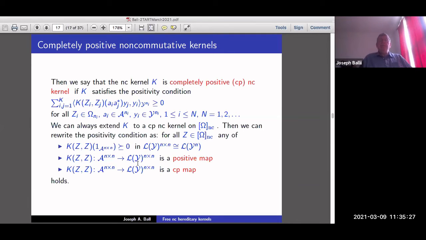So we're interested in what's going to be the positive object in this category, and that'll be completely positive noncommutative kernels. So it's just the next step after BBLS. K is a completely positive noncommutative kernel if K is a noncommutative kernel, and it satisfies this positivity condition.